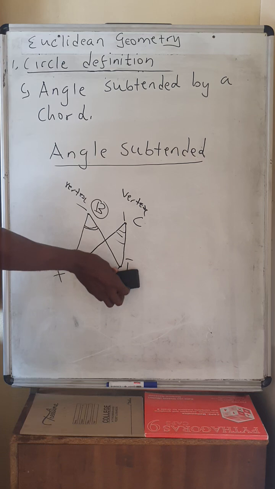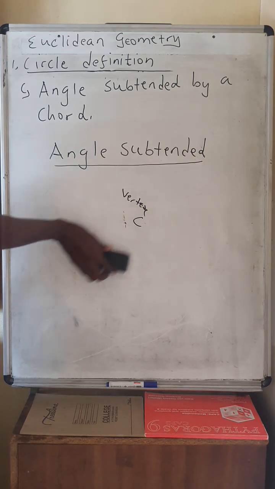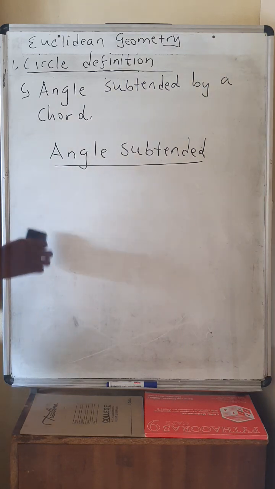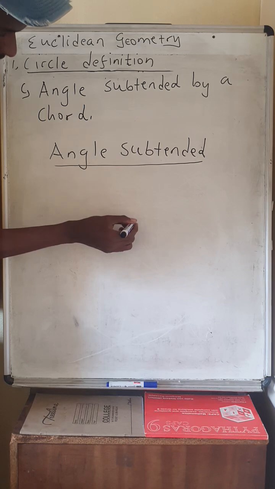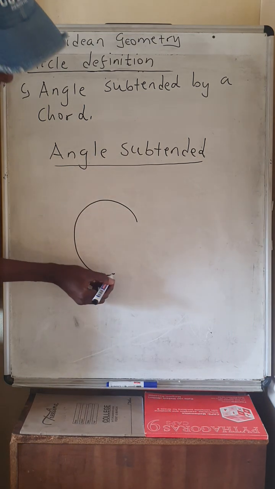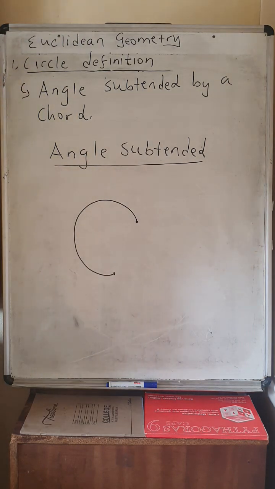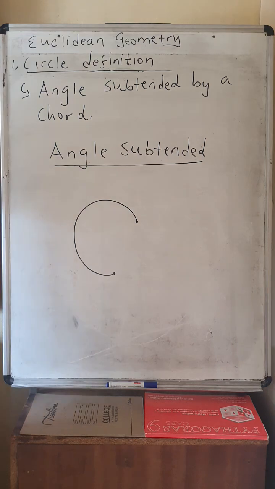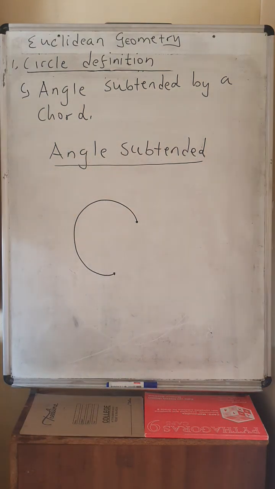Let me have something like this. I can even have a major arc. A major arc can also subtend an angle. Let me have it like this. So this is also an arc. It's a major arc. So I can have this subtending an angle, depending on where the vertex is.